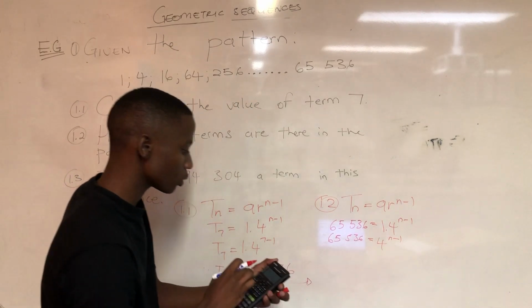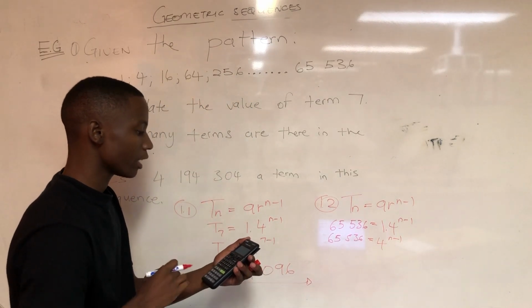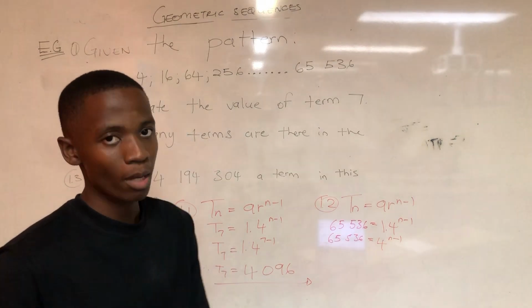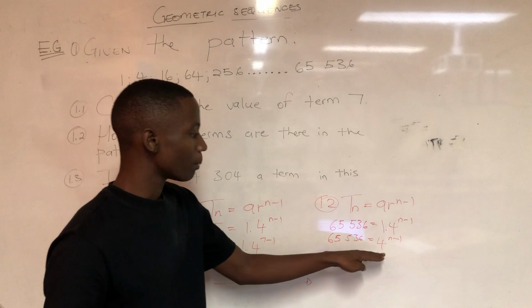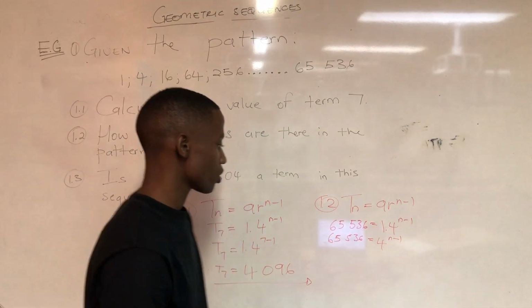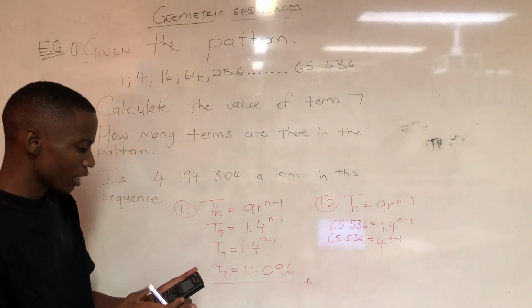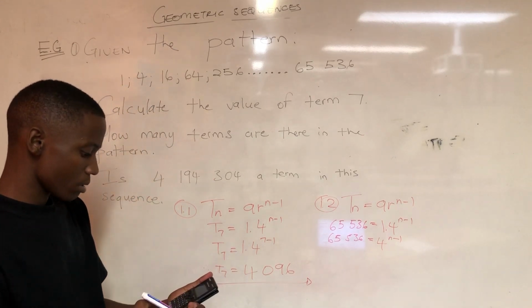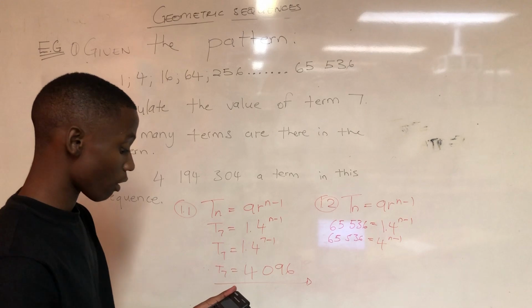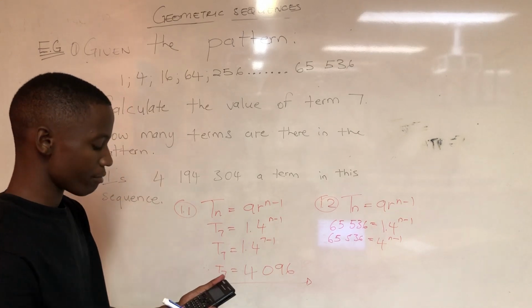65,536, shift fact, gives you 2 to the power of 16. Maybe some of you might have known that. But now we want the base to be 4. So let's say 4 to the power of 8.